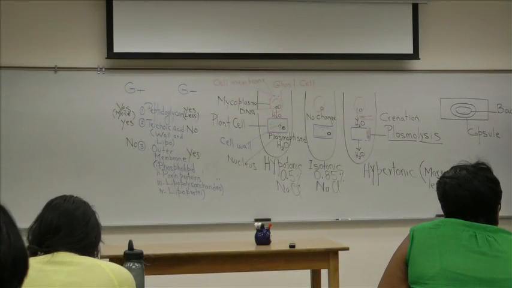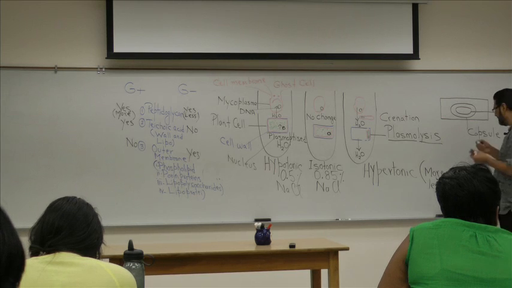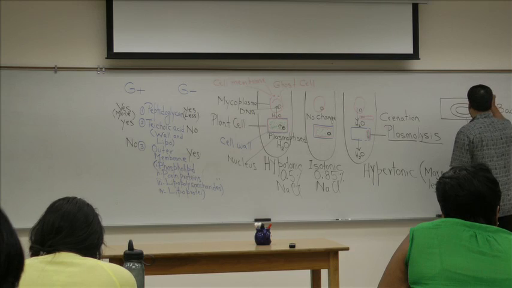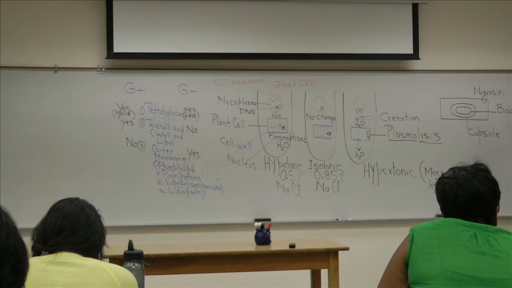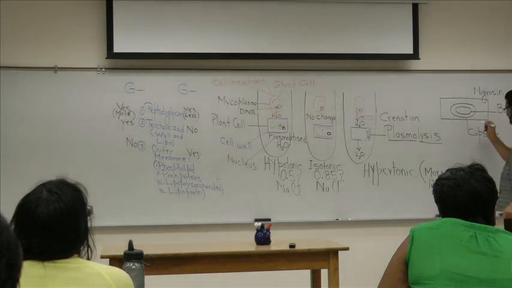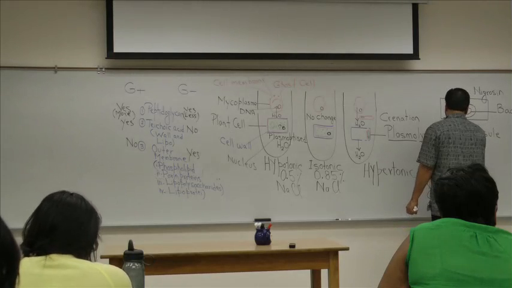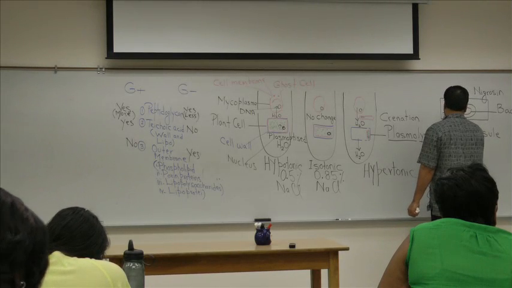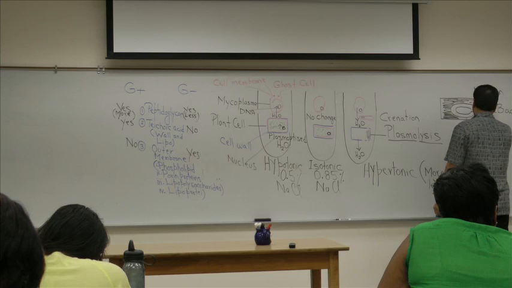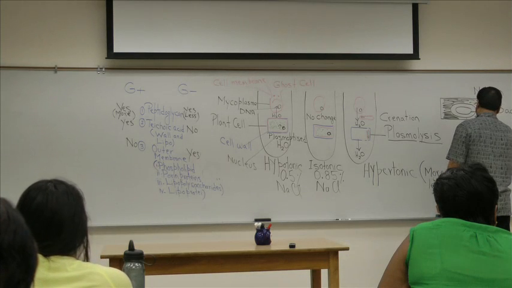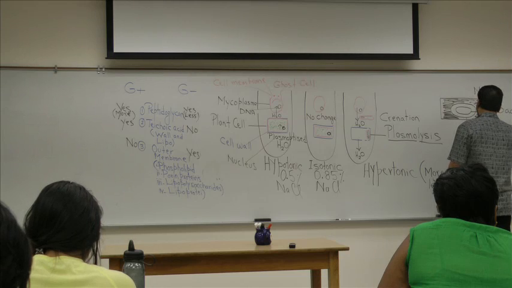So you need to flood your slide with an anionic stain, such as nigrosin. What will nigrosin do? It's going to stain the slide, so the whole background is going to be black. And the color of the bacteria will be what?